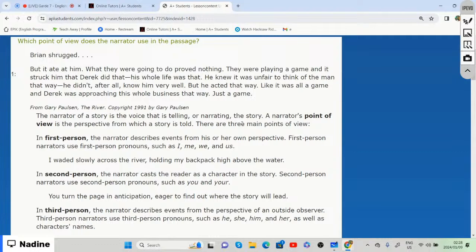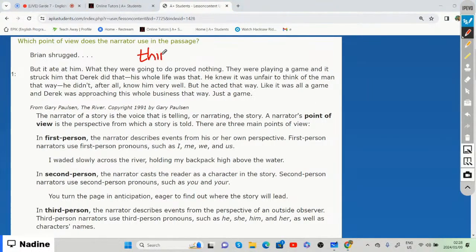So him gives us the idea that this is third person. You see that the pronoun is either he, she, him, or her, or a character's name.